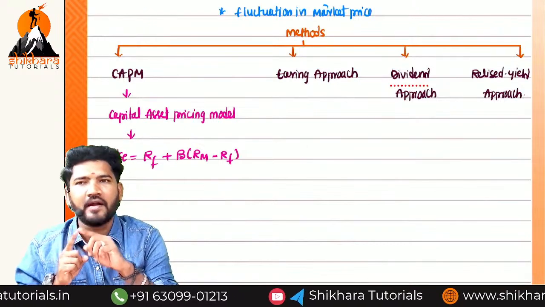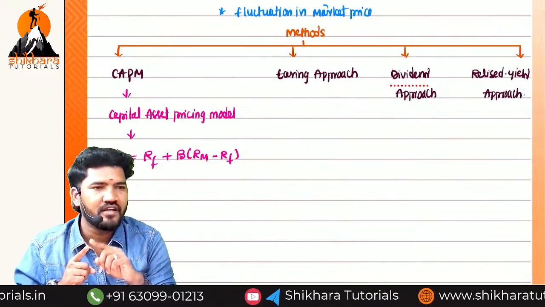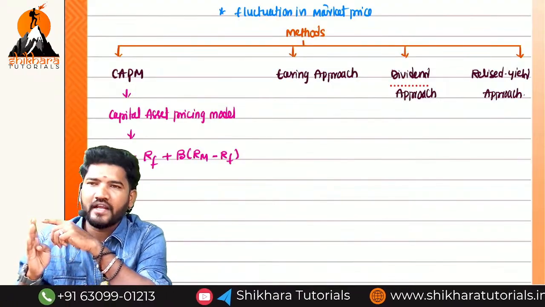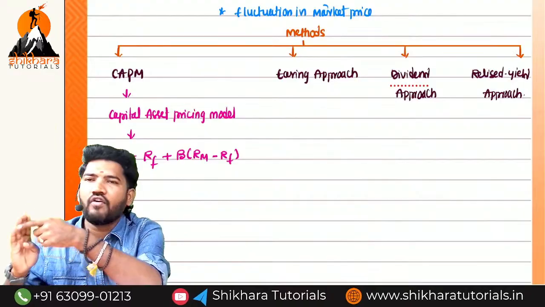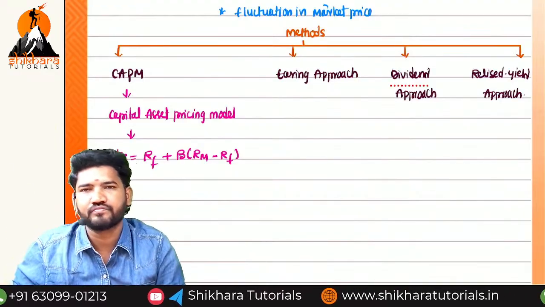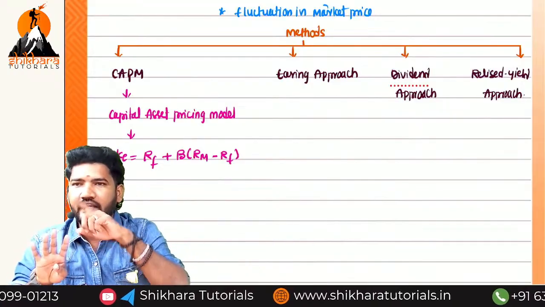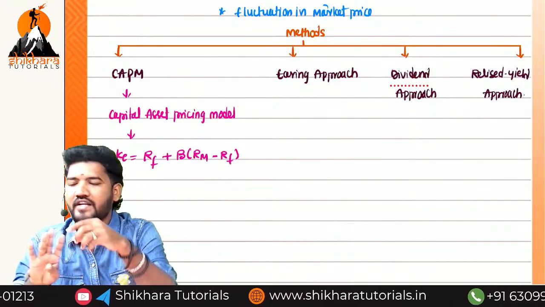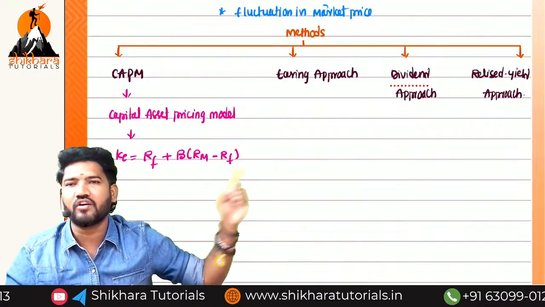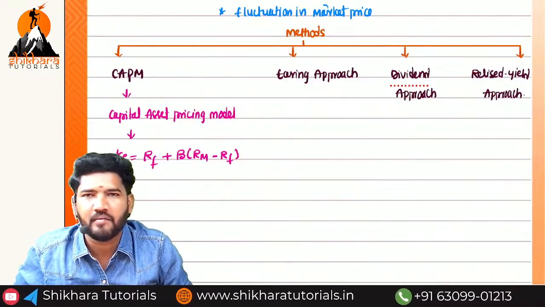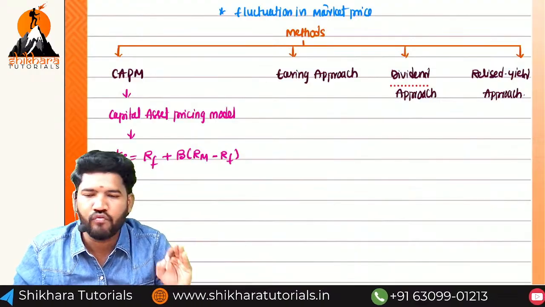If I have only M&M shares, that is just an individual part. The collection of all shares is known as a portfolio. Are you guys clear? RM represents not only an individual company's return, it covers the entire four companies' return. That is called RM, return on market or return on market portfolio.